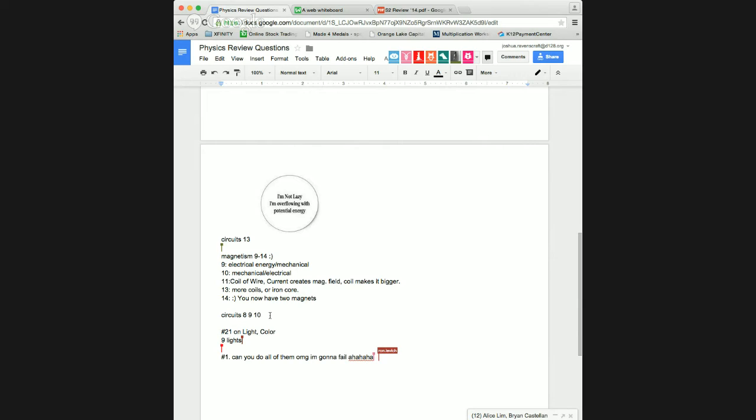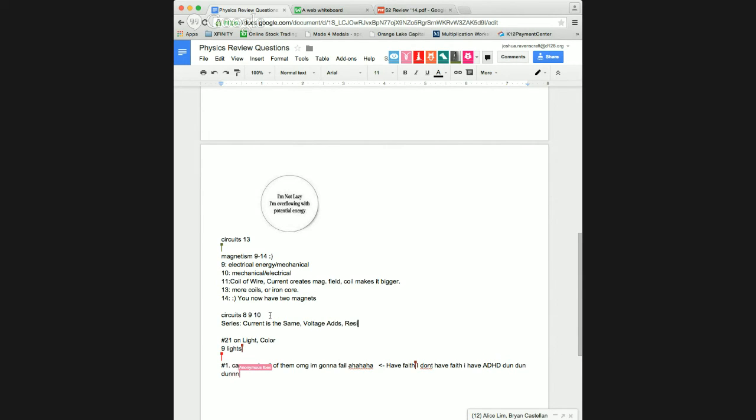But 8 and 9, right? The rules for series circuits are that current is the same, voltage adds, resistance adds directly.